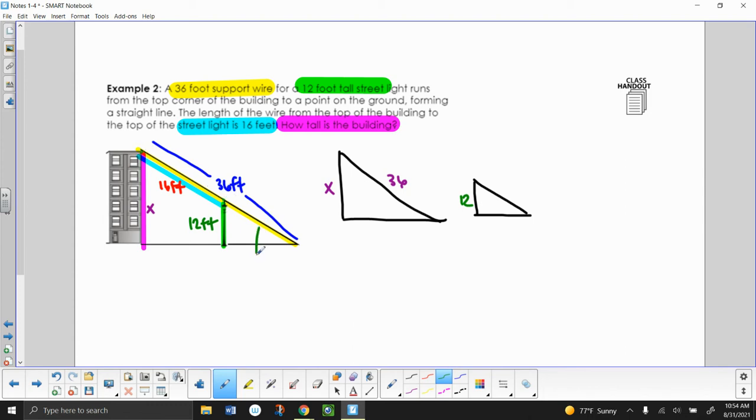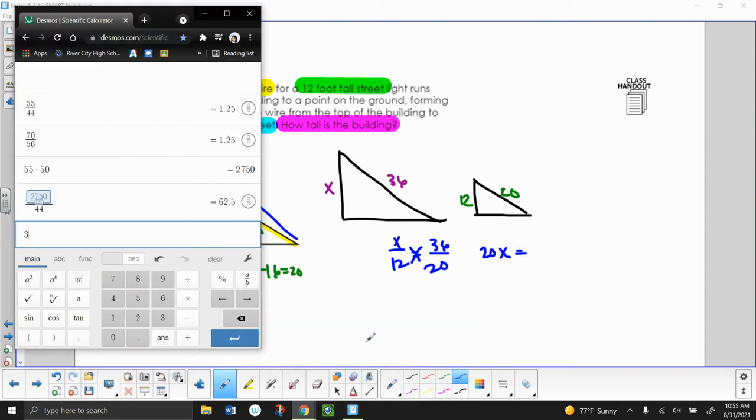So to get this length, we're going to have to subtract 36 minus 16, which is 20. Now we can set up our ratio. So x over 12 equals 36 over 20, and we're going to cross multiply. So 20x equals 36 times 12, which is 432.